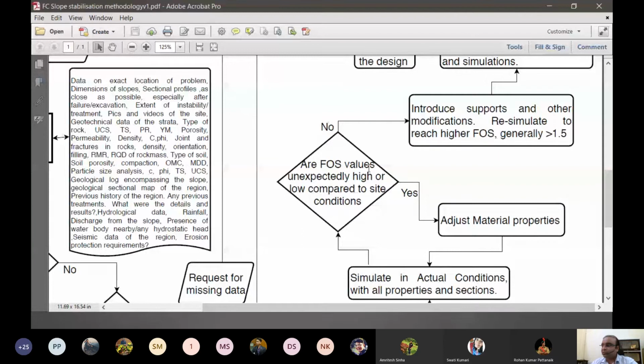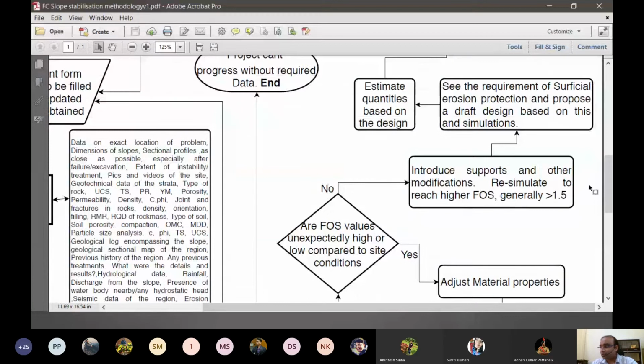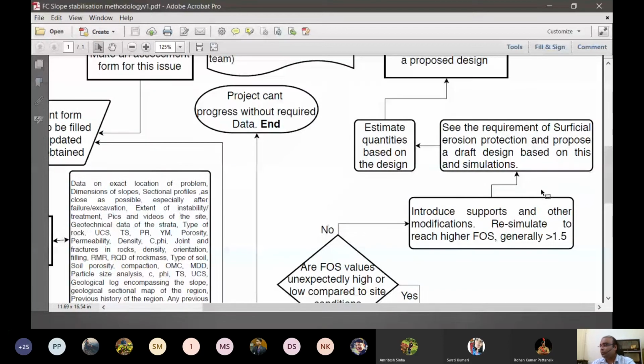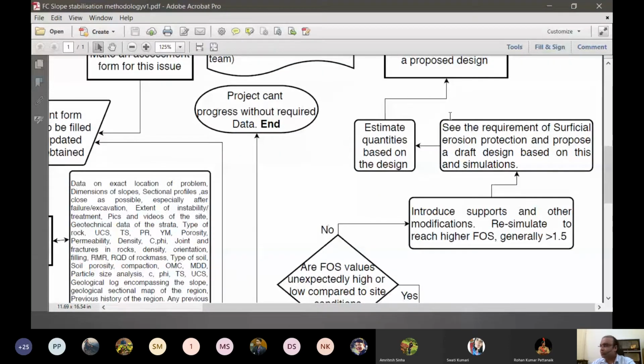So if factor of safety values are not unexpectedly high or low, and are close to what we see in the field, we introduce supports and other modifications as required, resimulate, and what we keep as factor of safety is generally 1.5 for our cases. But again, as I said in our lecture, it is different for different cases. So we try to bring the factor of safety up by introducing different supports.